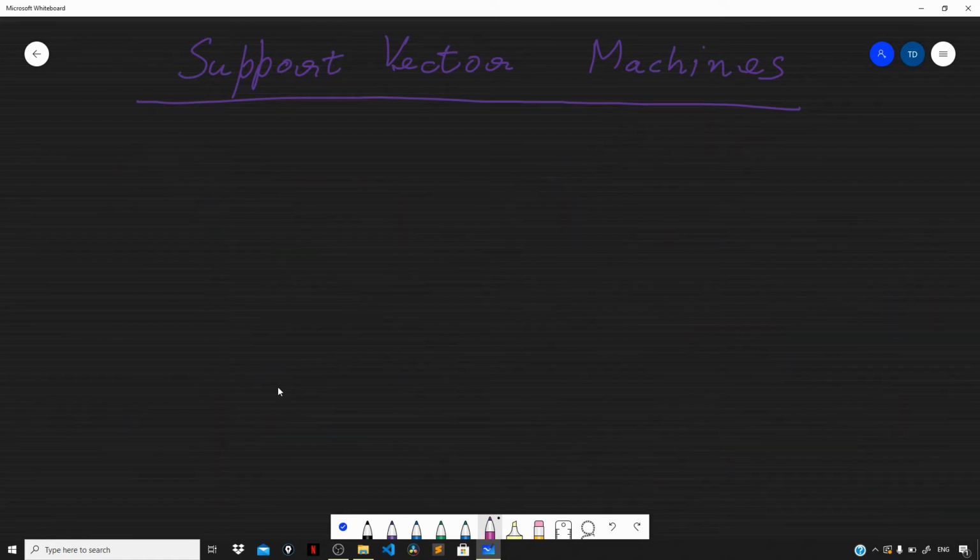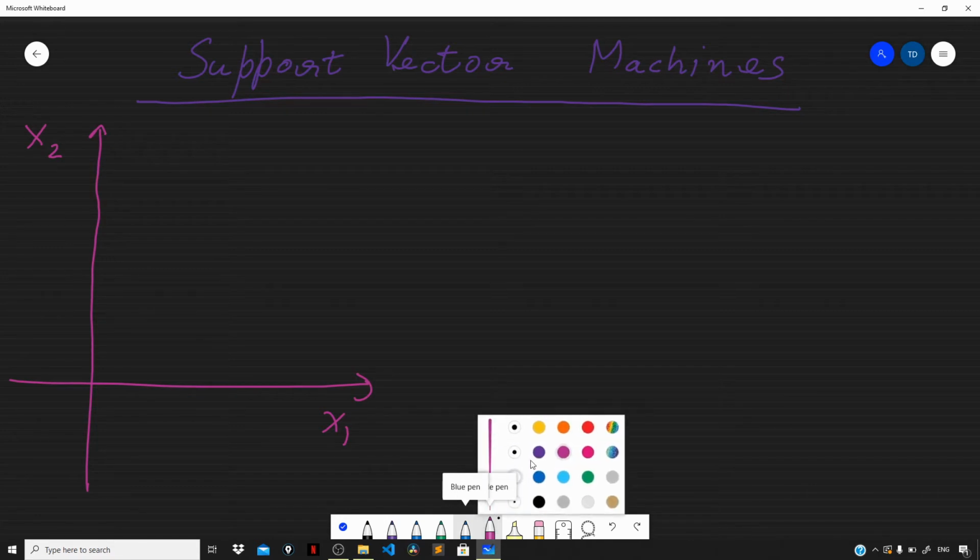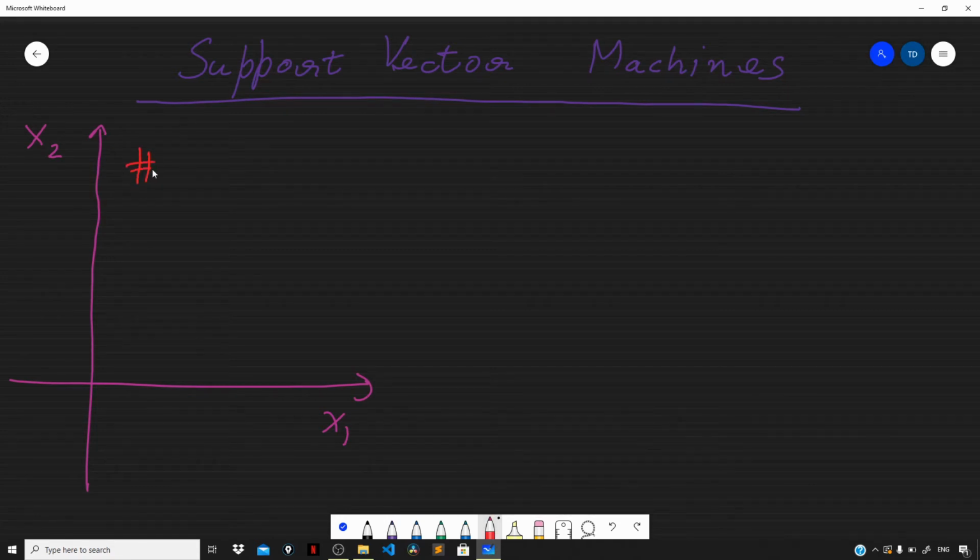Let us consider the case of binary classification where we are having two classes, x1 and x2, and let us say the points of these two classes are represented by hash and asterisks. So let me use red shade for the first class points, and let us use asterisk for the second class points.